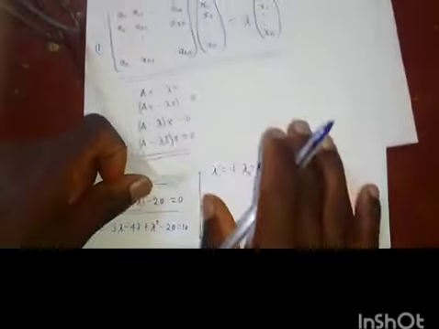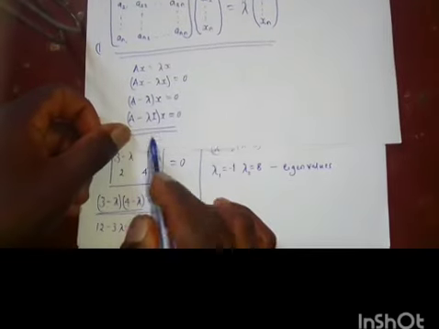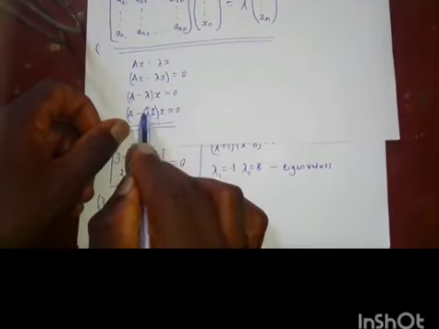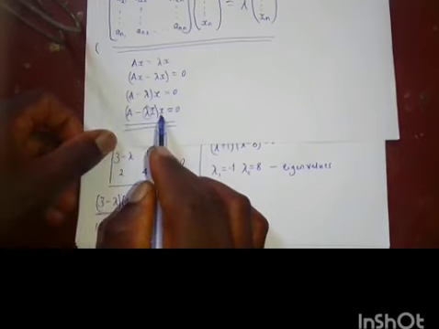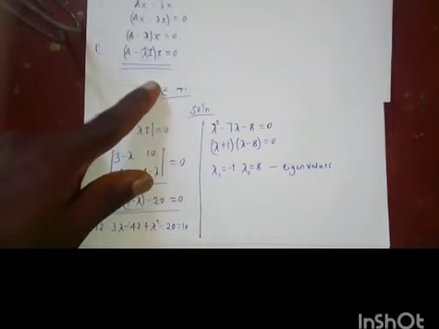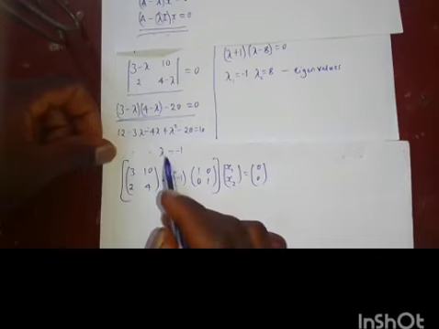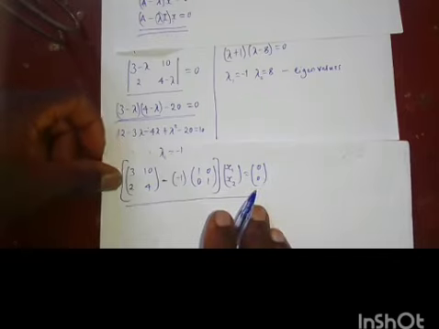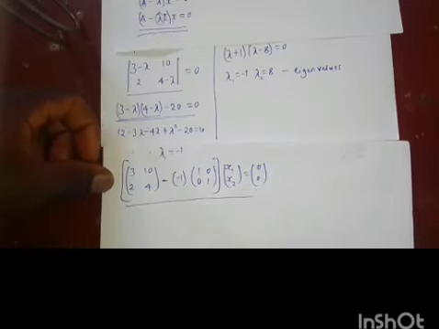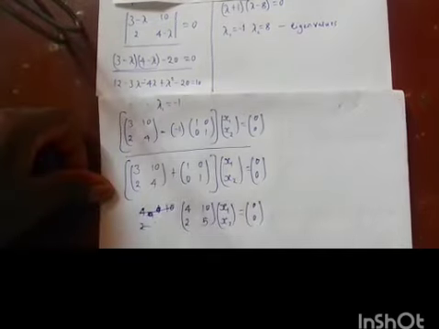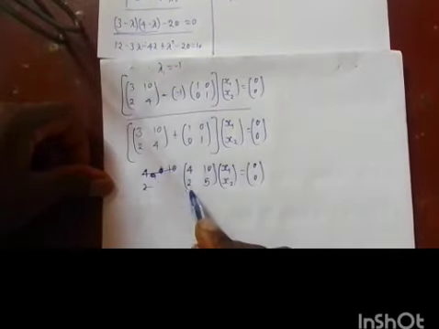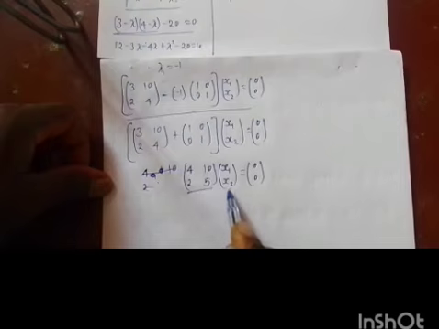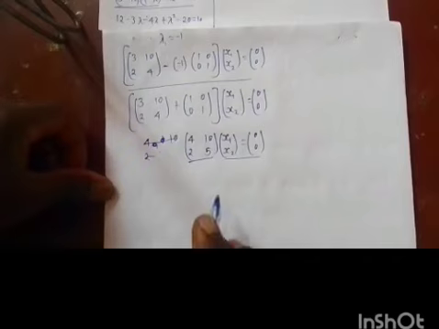So from our equation, we are going to substitute the values of lambda to obtain the eigenvectors. So for the first value, lambda 1, this is the equation we have. When we solve it, since the ratios of these equations are the same, we just take one equation, so just take the second one.